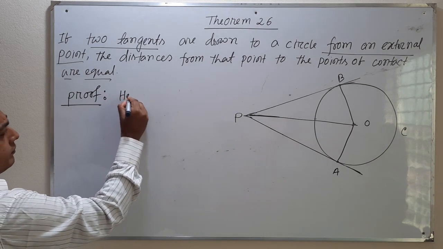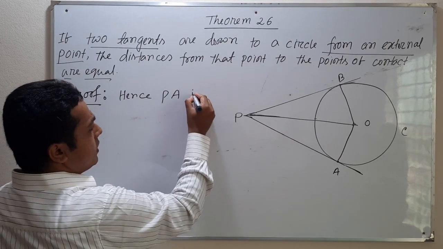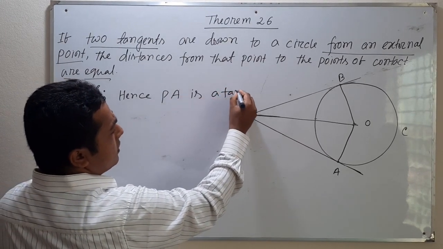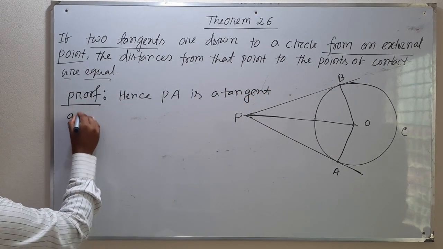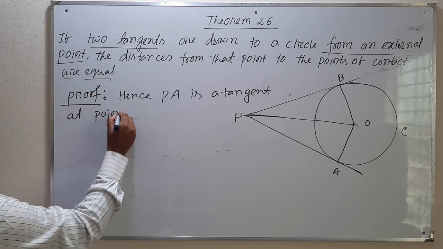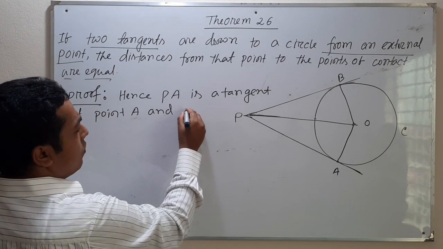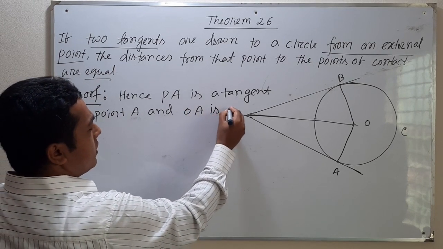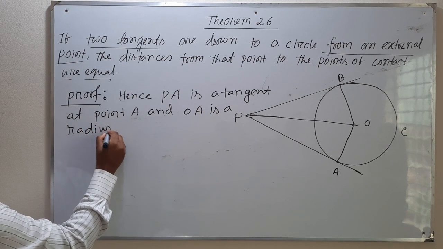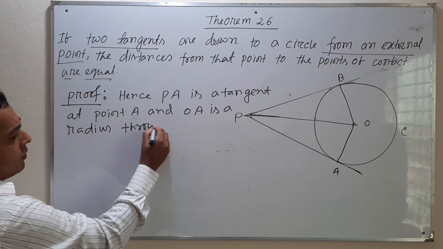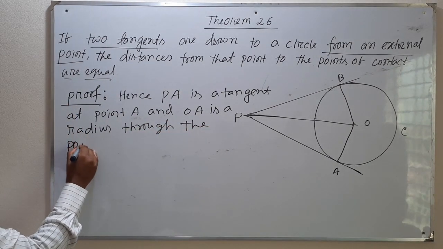Hence PA is a tangent at the point A and OA is a radius through the point of contact.